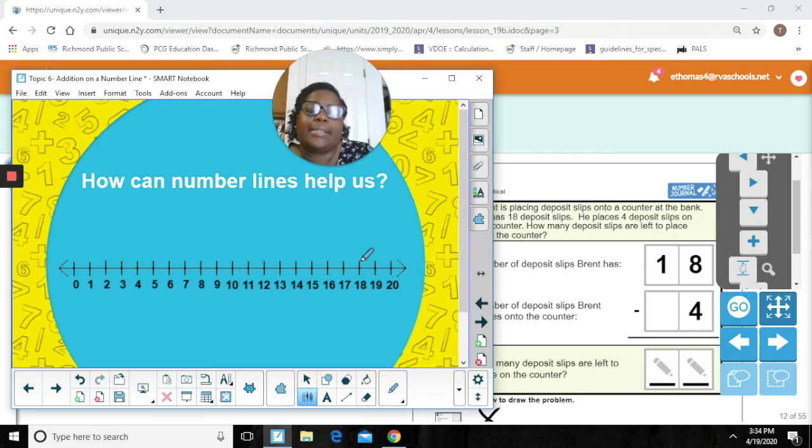So we start here at 18, and we're going to go back. How many spaces? 4. Let's do that. 1, 2, 3, 4. What's our answer? 14. Because we took away 4, okay, from 18.